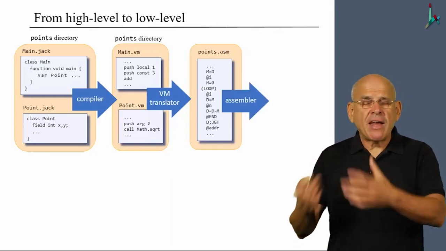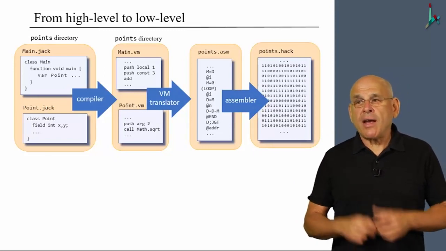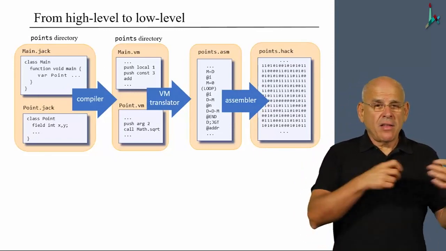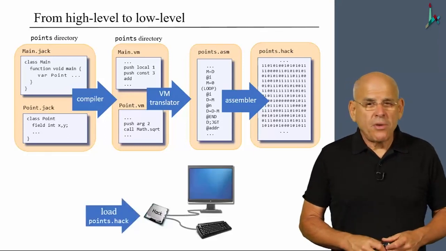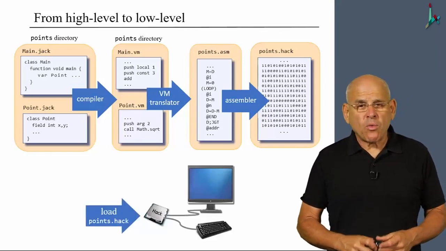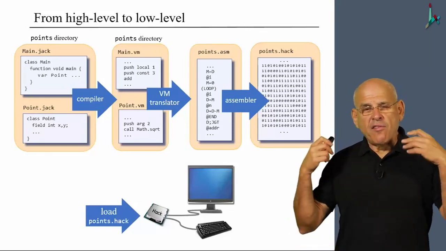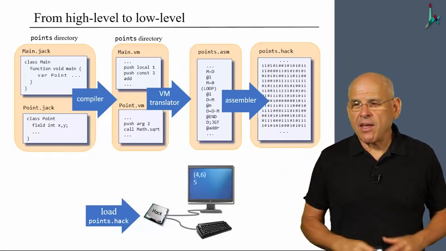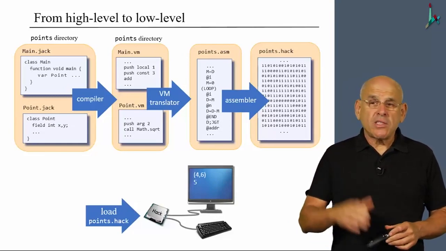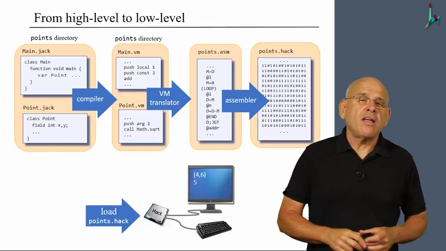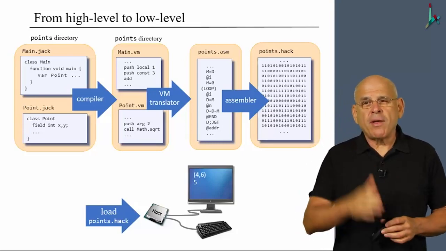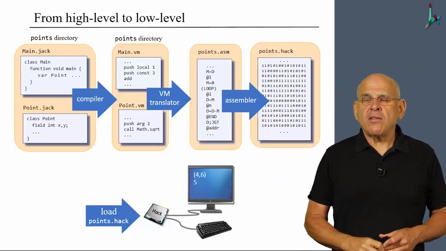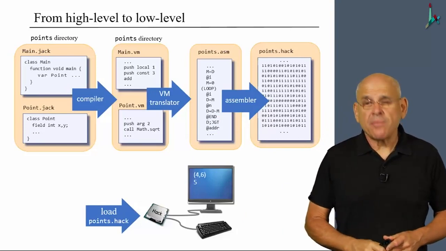The assembler will finally produce from it another file with a .hack extension. And then we can take this file, put it into the computer that we built in Nand to Tetris Part 1, run it, and voila. We're going to see the output of our program flickering on the screen in front of us. So that's the process of taking a high-level program and moving it through the hoops until it gets into something that can actually be executed.